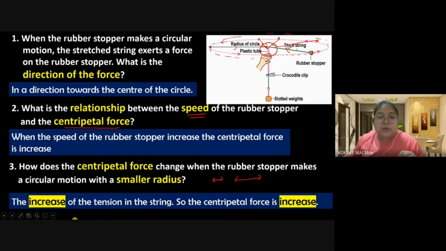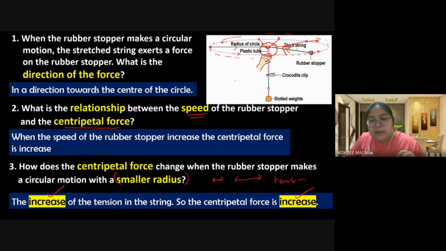So from here, the question asks how the centripetal force changes when the rubber stopper makes a circle with a small radius. Small radius means high tension. So the tension increases, and the centripetal force also increases, meaning the force pulling the stopper to the center is increasing.